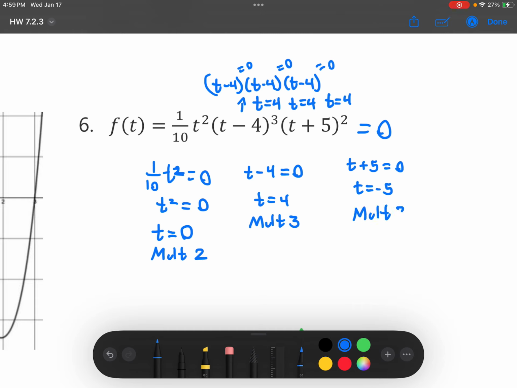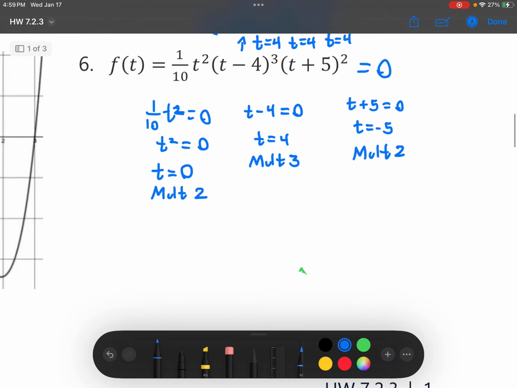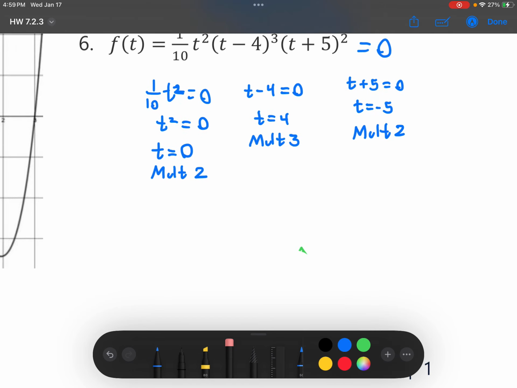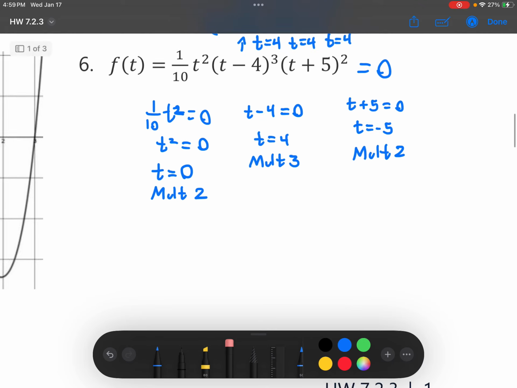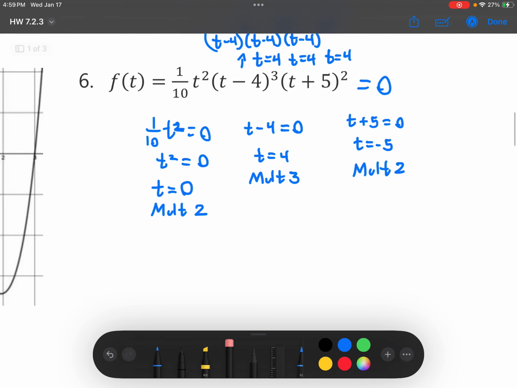All right, so for you guys that were not here, or perhaps if you were here but don't remember, why is this relevant? It's because now when I graph it, I have to first figure out the degree of the function, though they may not ask me for that. But the degree of the function would be 2, 3, 2. So if I add all those powers together, I would end up with 7.